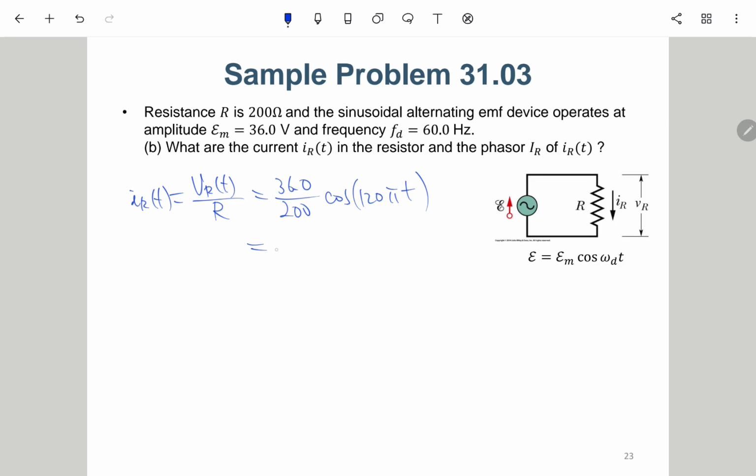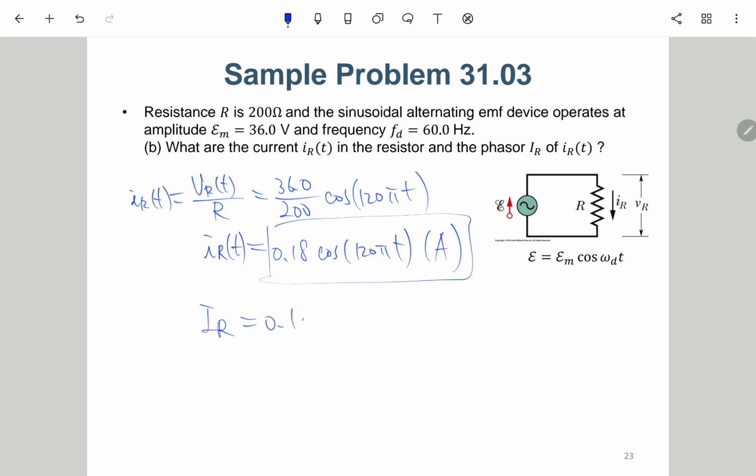This is 0.18 cosine 120 pi t, and the SI unit is A. And the phasor IR is 0.18 A. Very trivial for the resistor.